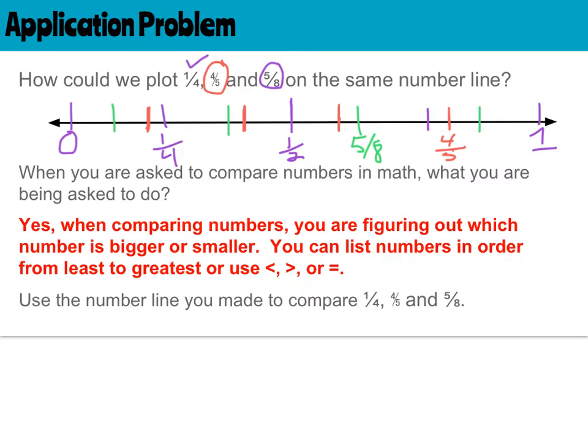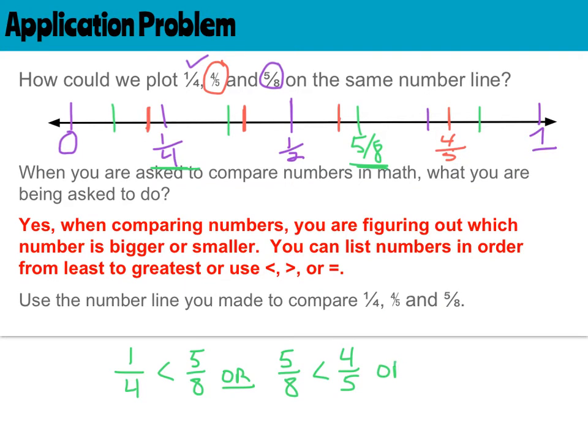So when I look at my number line, I can see that 1/4 is the smallest on there. So I could say something like 1/4 is less than 5/8 based on where they are on the number line. Or I can make another statement like 5/8 is less than 4/5.